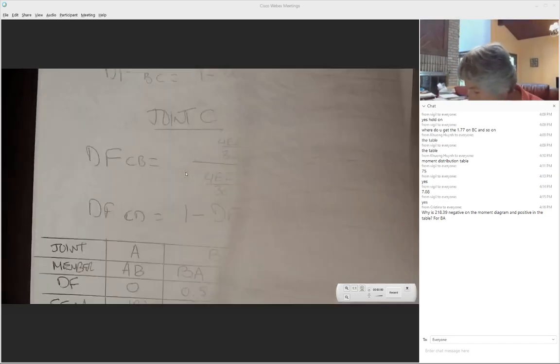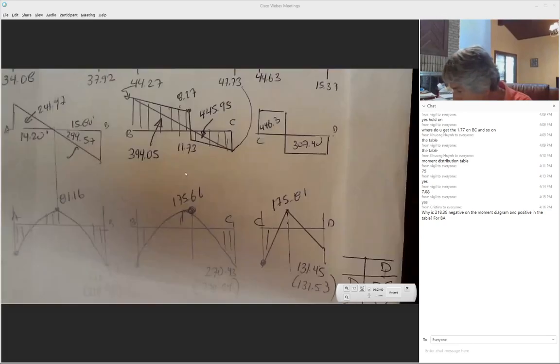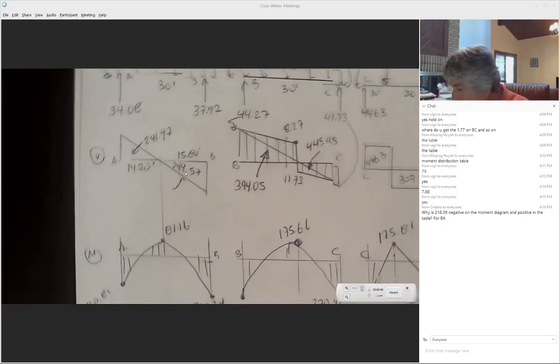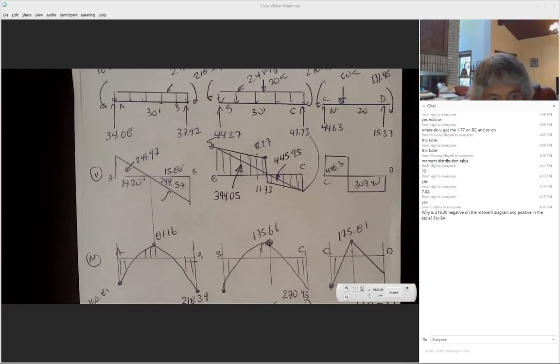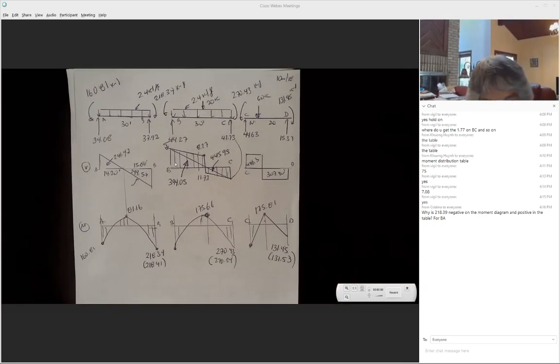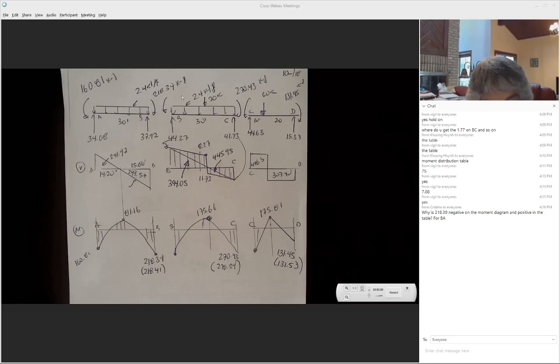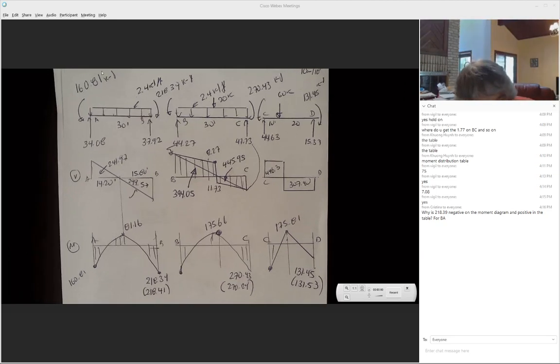So this moment, based on the sign convention, this is the way we put this moment. Negative on the moment diagram and positive. Okay, so based on the table, we select this direction and we forget the sign.